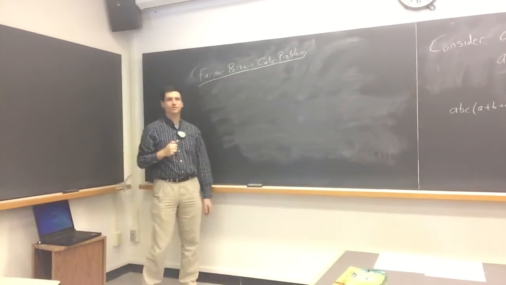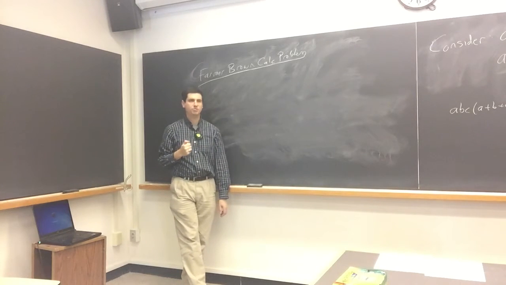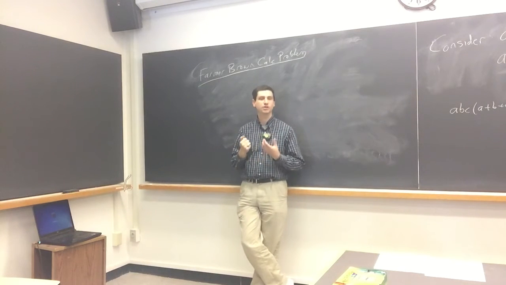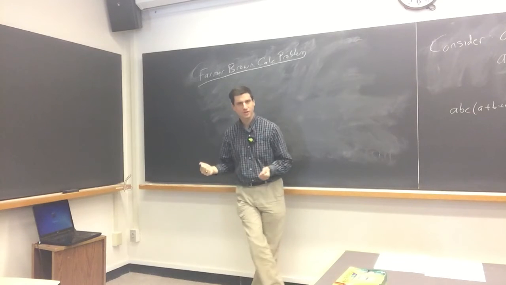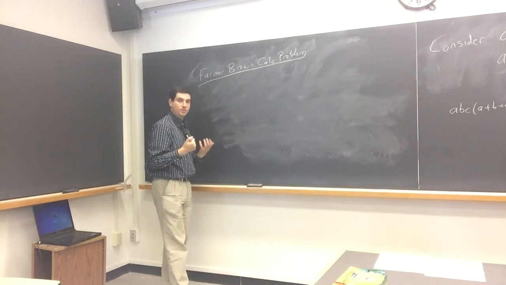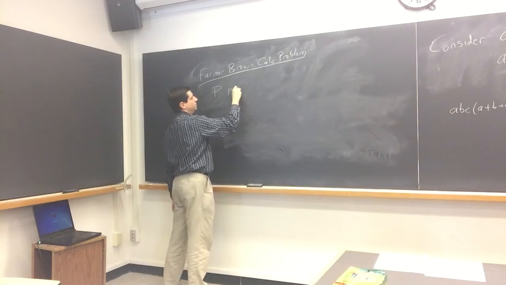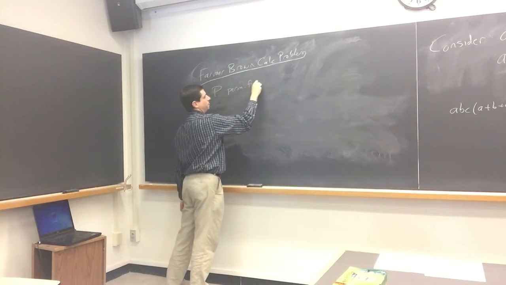So you might remember this from calculus. Farmer Brown has a bunch of cows, or maybe it's a herd of cows, and he will only consider a rectangular fence. Any other type of fence is completely unacceptable. So Farmer Brown has a certain amount of perimeter. P is the perimeter, and that's fixed.